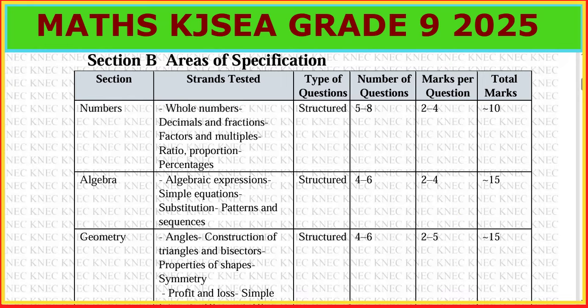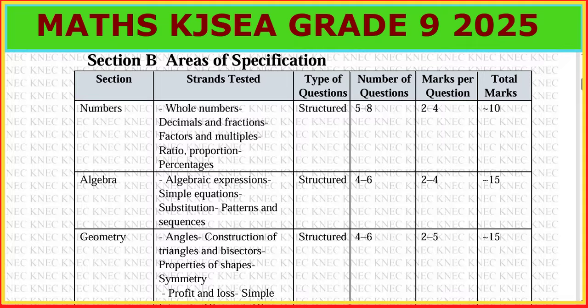Then we have algebra: algebraic expressions, simple equations, substitution, patterns, and sequences. Under algebra, structured questions can be 4 or 5 or 6, each carrying either 2 or 3 or 4 marks. That is 15 marks for algebra.